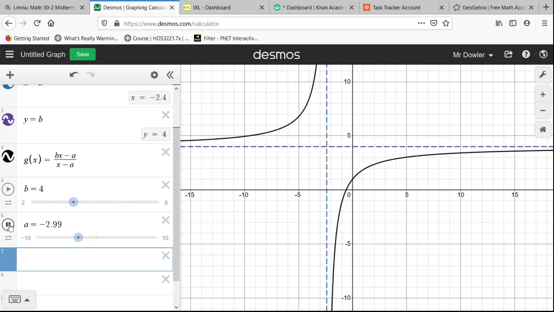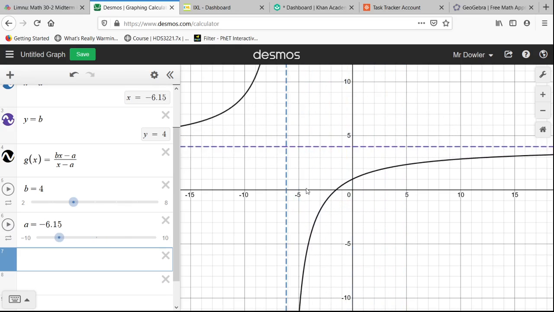But once we pass that 0, when a is minus 5, we still have a negative number up top at minus 5. The numerator will be 4 times negative 5, so that's a negative 20 plus 6.